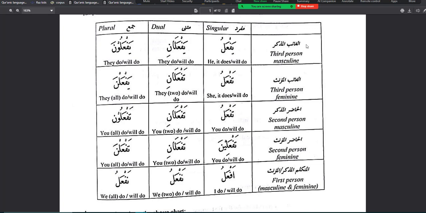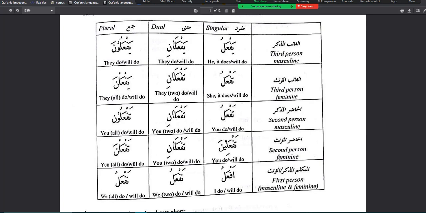3rd person masculine is al-ghaib al-muzakkar, and 3rd person feminine is al-ghaib al-muannas. Muzakkar is for masculine, muannas is for feminine, and al-hadir al-muzakkar is for the 2nd person, whose hazir means present. Ghaib is absent, right? You say ghaib in Urdu also, which means the 3rd person is not present. You say he does, or they did.